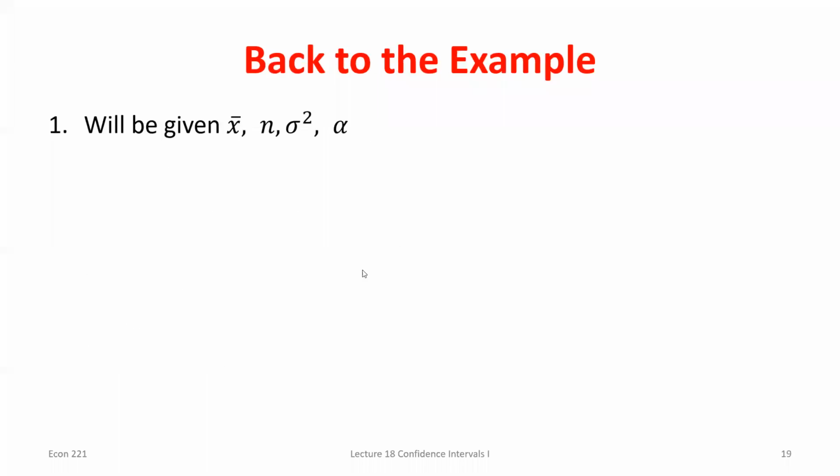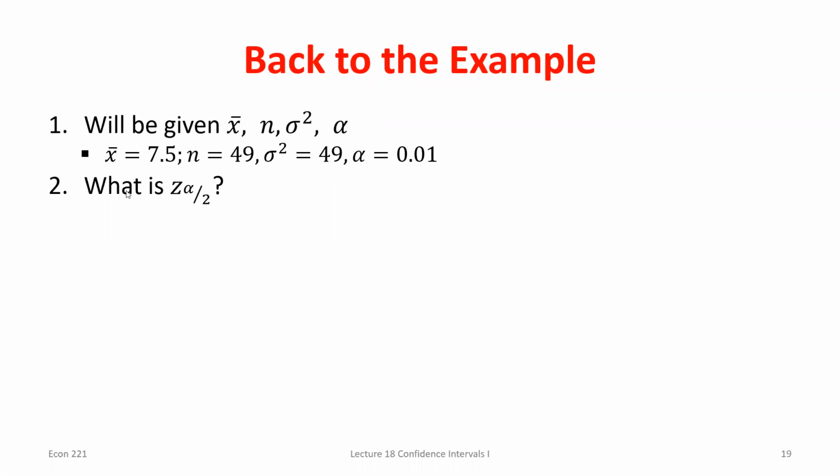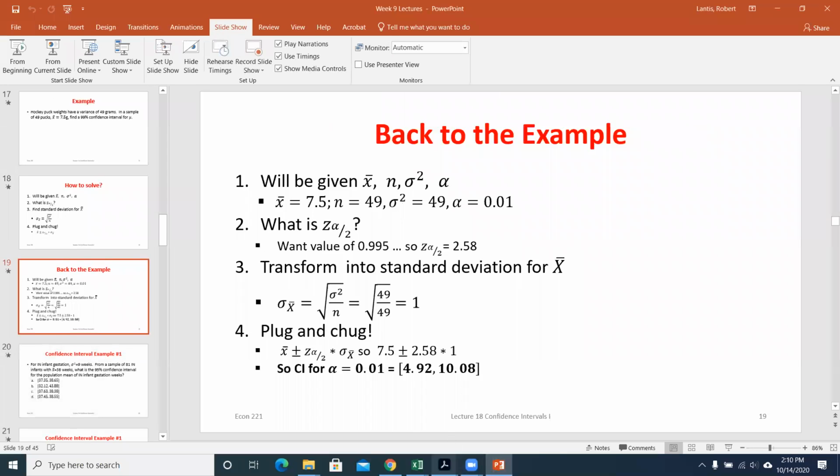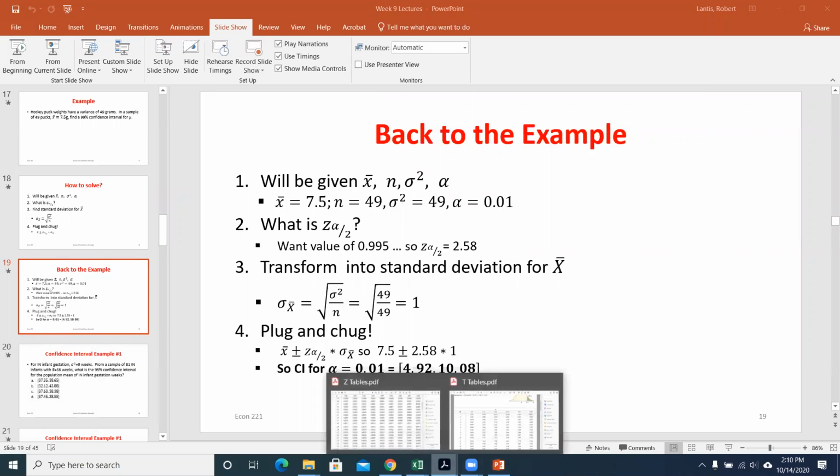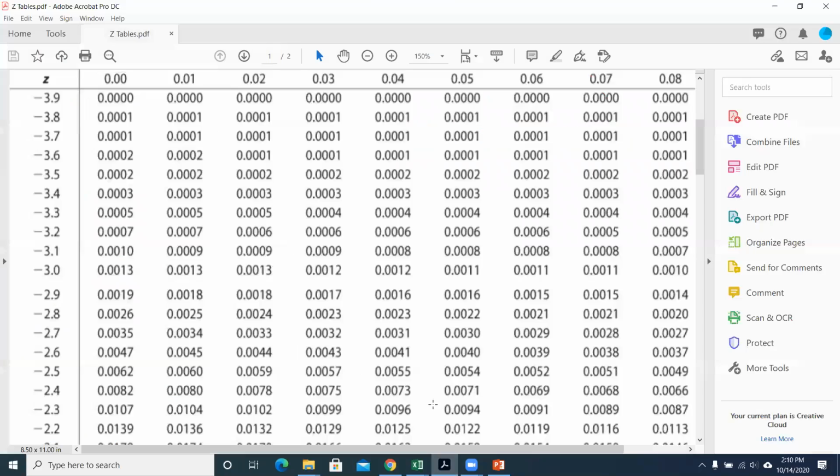So for this example, we have our sample mean of 7.5, our sample size of 49, our population variance of 49, and our alpha is 0.01. Okay? So we look up alpha over 2, which would be 0.005, right? 0.01 divided by 2 is 0.005. So we go to the Z table. This is from another class. We're trying to find 0.005.